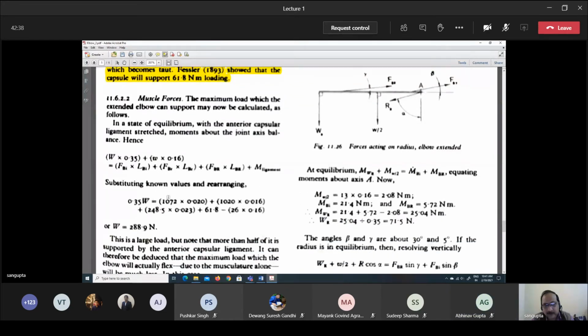Now, in the equilibrium equation, after putting all the data, you can see that this W comes out to be 288.9. If you divide 61.8 by 0.35, what it actually does is calculate the share of the load carried by the ligament.